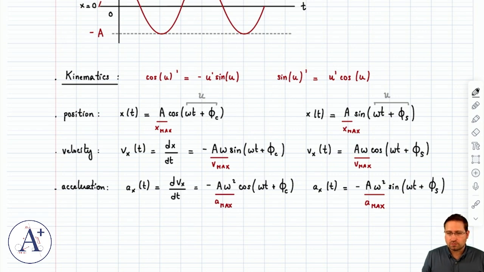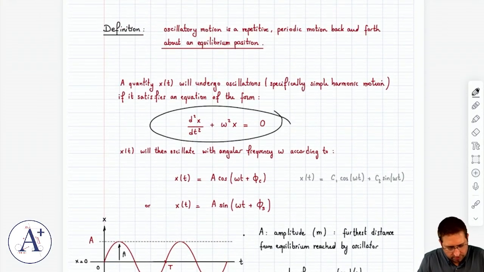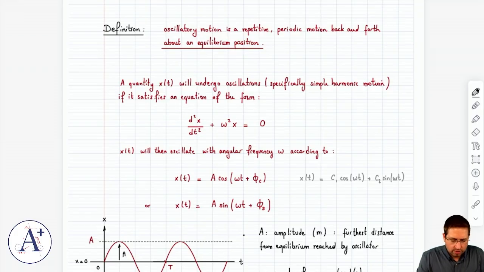Okay, so oscillation is a very specific type of motion, back and forth motion with a period about an equilibrium position. It is governed by a very strange equation, which is a second order differential equation. Nobody cares that you know what it is or you know how to describe it.